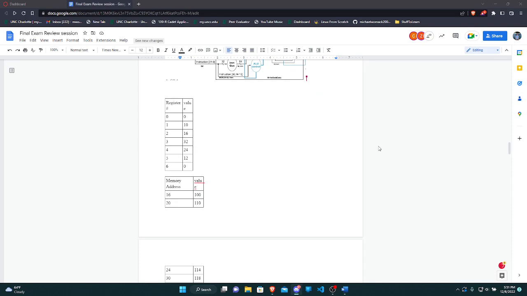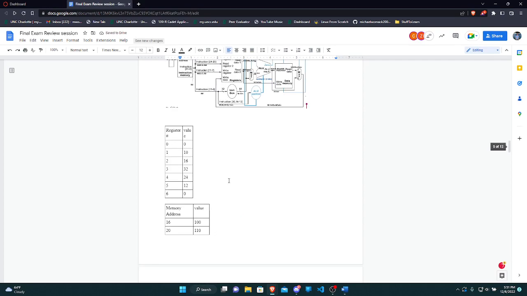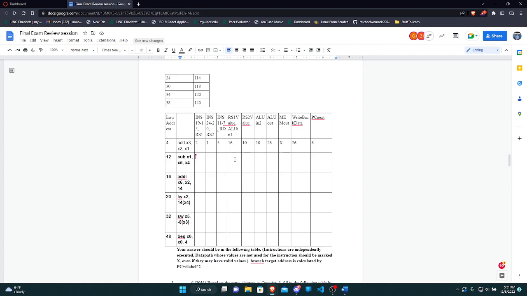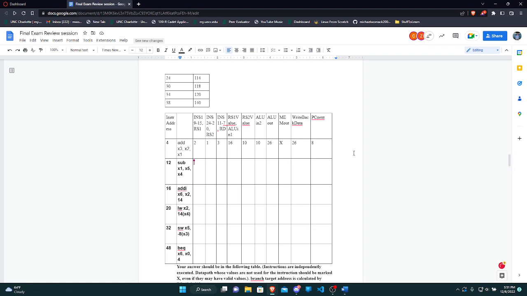To start off on the big table, it has all the types of instruction. That could be sub x1, x5, and x4. For RS1, it's going to be this x5 right here, since that's where the RS1 is for the sub instruction.